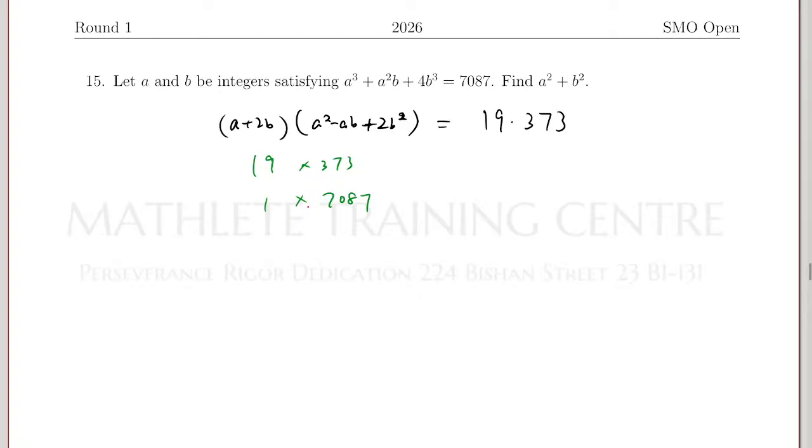Now, that's where you solve each of them manually, and this is pretty tedious as well. By the way, you want to start with the first one because it feels a lot more natural. You check the first one by doing a plus 2b equals 19, so a equals 19 minus 2b, and you put it inside here to solve a quadratic equation.